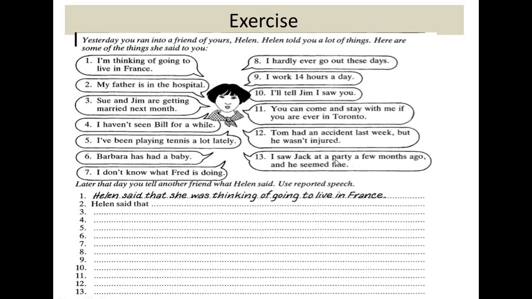I saw Jack at a party a few months ago and he seemed fine. So Helen said that she saw Jack at a party a few months ago and he seemed fine. We can put, for example, I saw, it can be she had seen, and he had seen. Okay, we can change it to the past perfect, or we can leave it as it is.